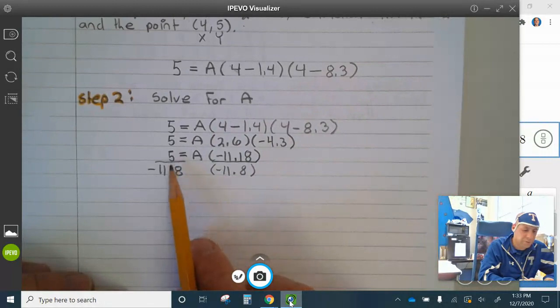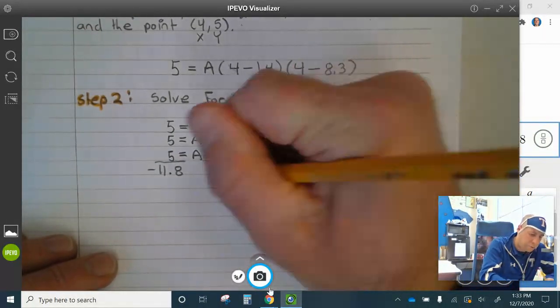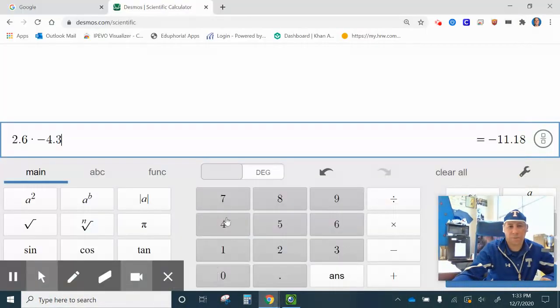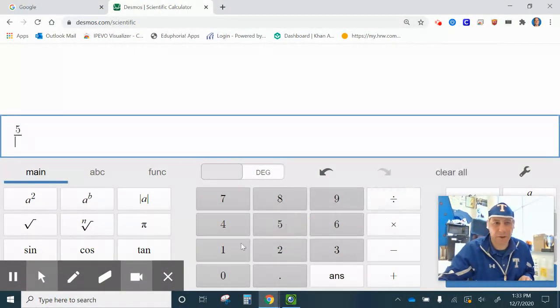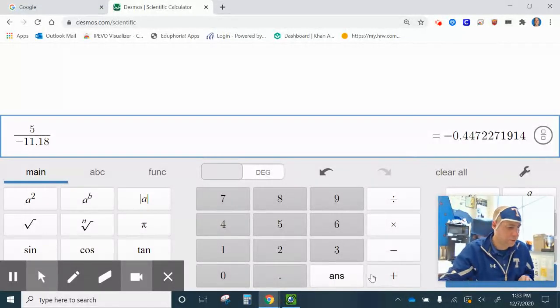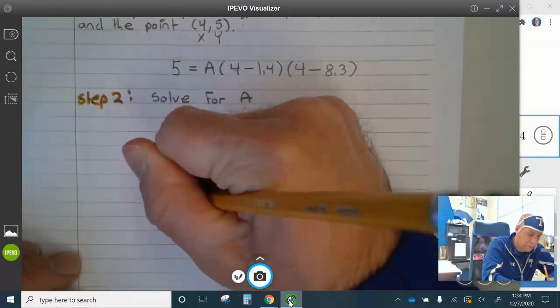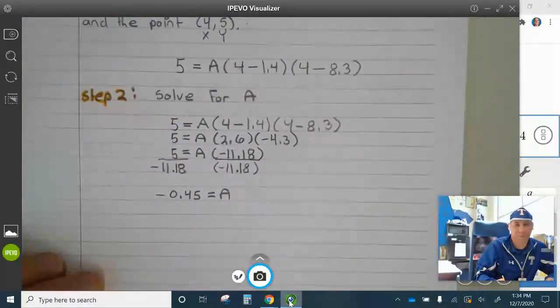So now we just need to do 5 divided by negative 11.18, which, again, we're rounding to the nearest hundredth. So that's 4 rounds up to a 5. So that is negative 0.45 equals a.